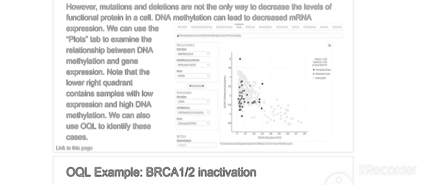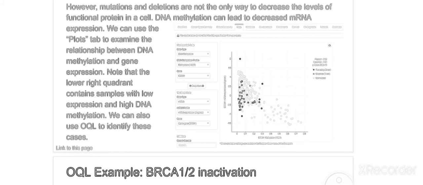However, mutations and deletions are not the only way to decrease the levels of functional protein in a cell. DNA methylation can lead to decreased mRNA expression. We can use the plots tab to examine the relationship between DNA methylation and gene expression. Note that the lower right quadrant contains samples with low expression and high DNA methylation.